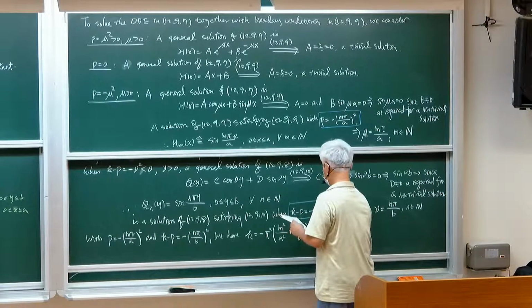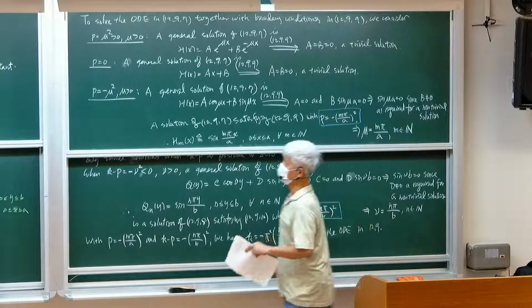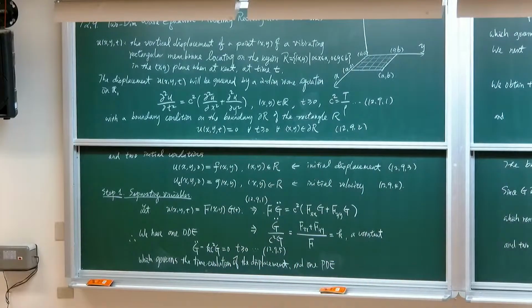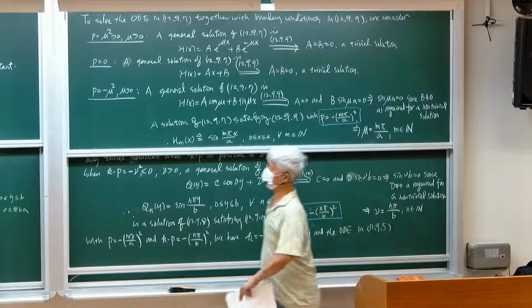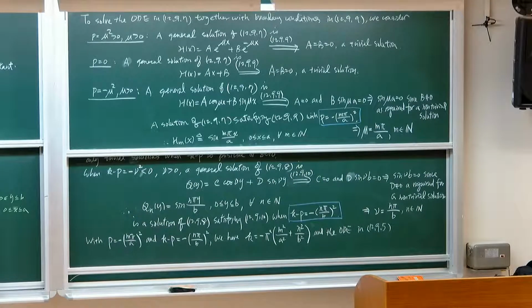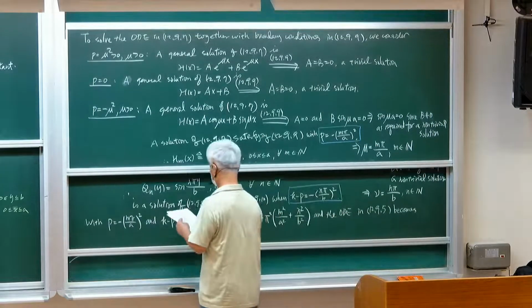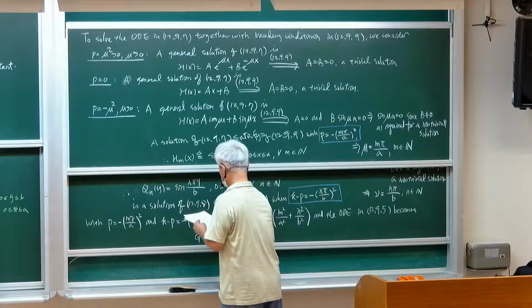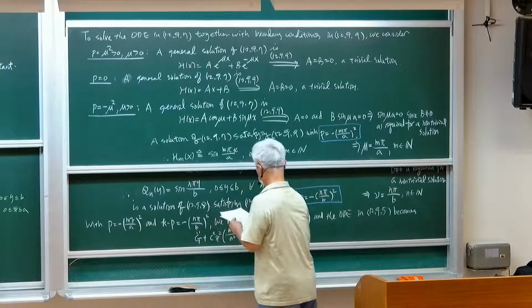All right, so k is here, and the ODE governing the time evolution in 12.9 becomes G double dot plus c squared pi squared times (m squared over a squared plus n squared over b squared) G equal to 0.